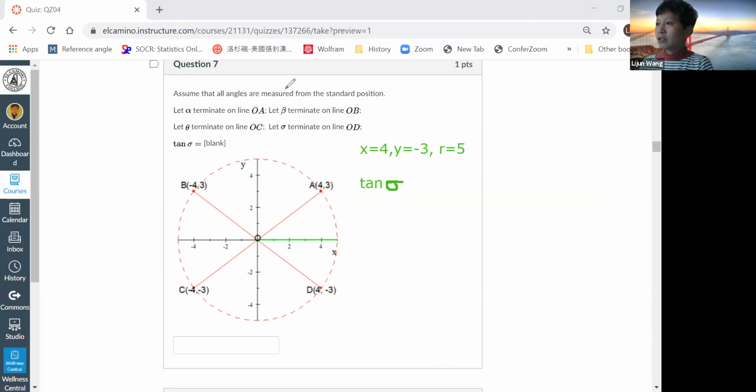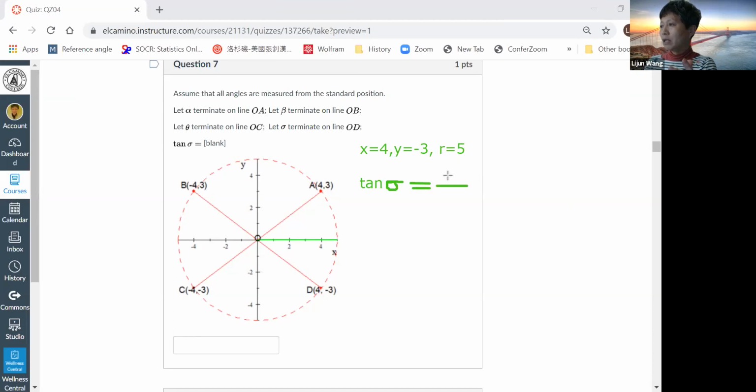Tangent sigma will be equal to, what does that equal to? Y over x, right? So what is y? Well, actually, this will be y over x. Yeah, that's fine.